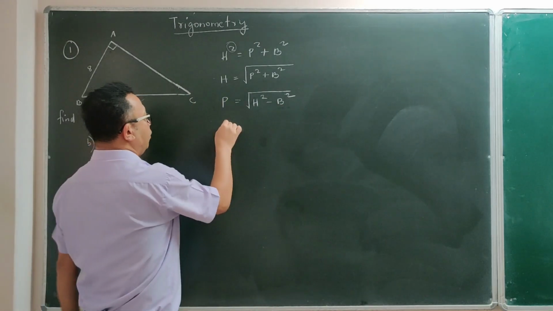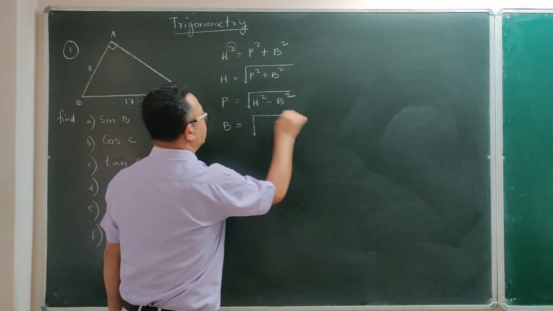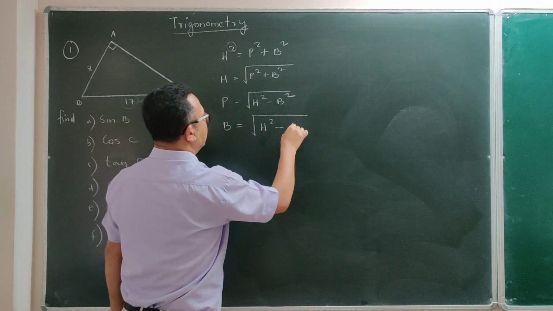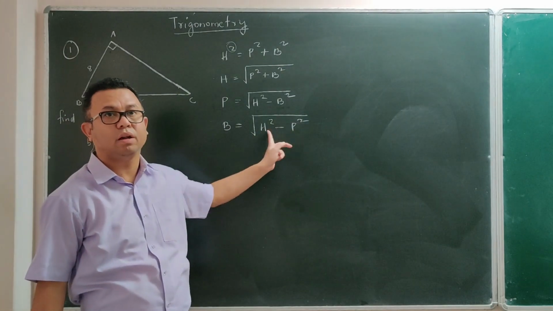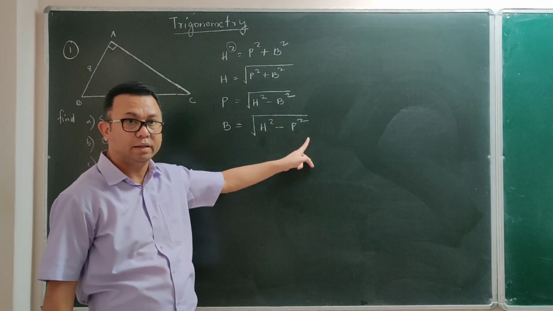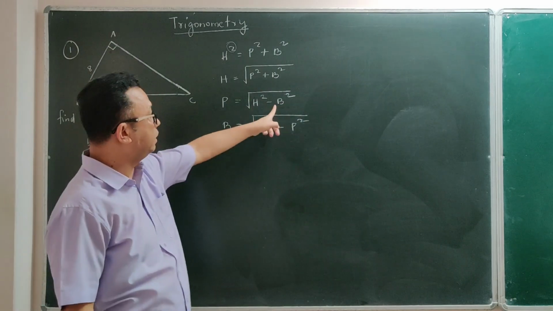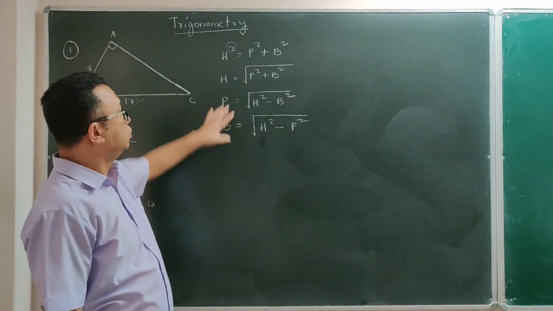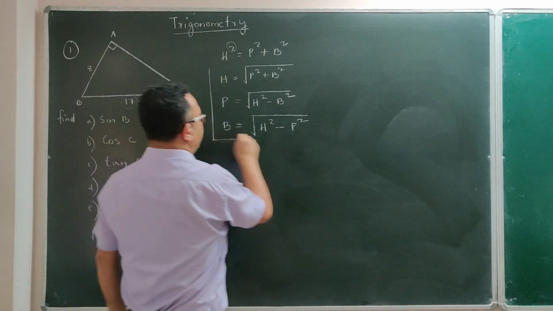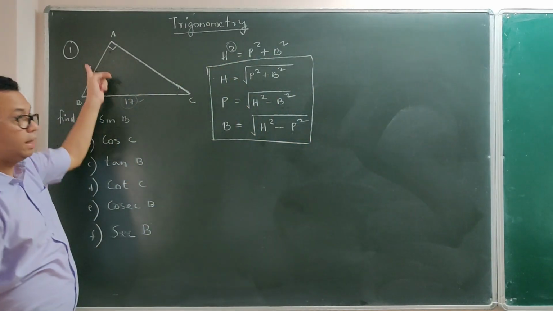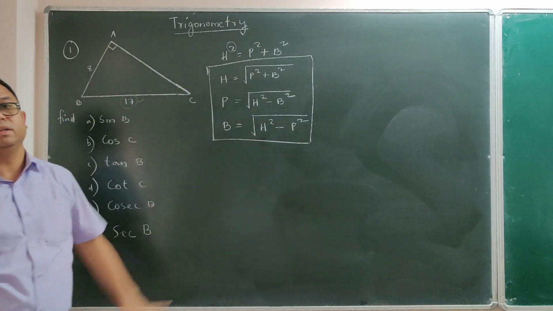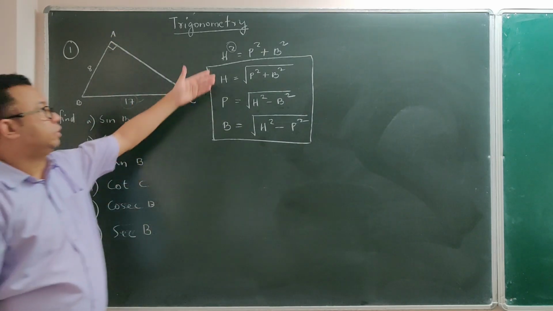In the same way, if you are finding base, then it is root of hypotenuse square minus perpendicular square. So you have to subtract the square of perpendicular from the square of hypotenuse. Here, the square of base should be subtracted. So this is a direct formula to find perpendicular, base and hypotenuse when two sides of the triangle are given. If you want to find the third side, you can use any of these.